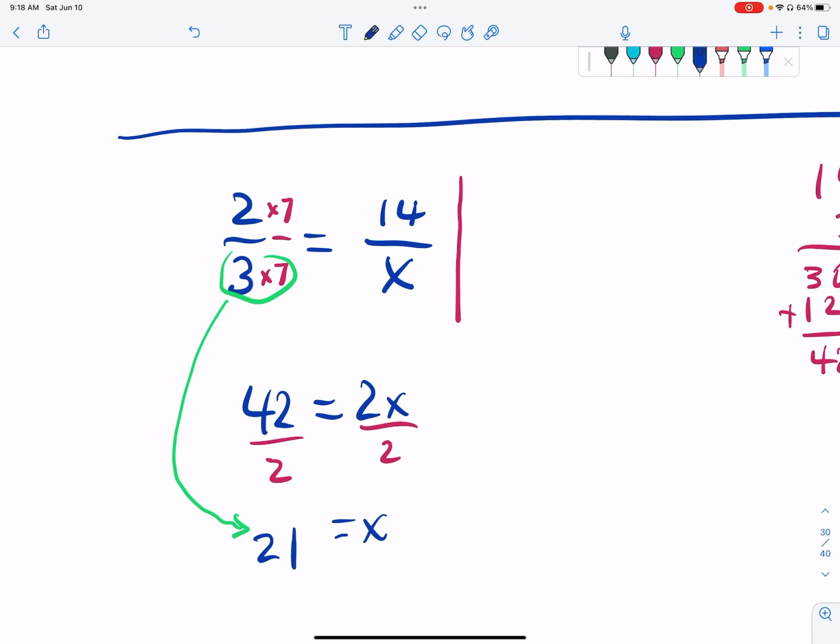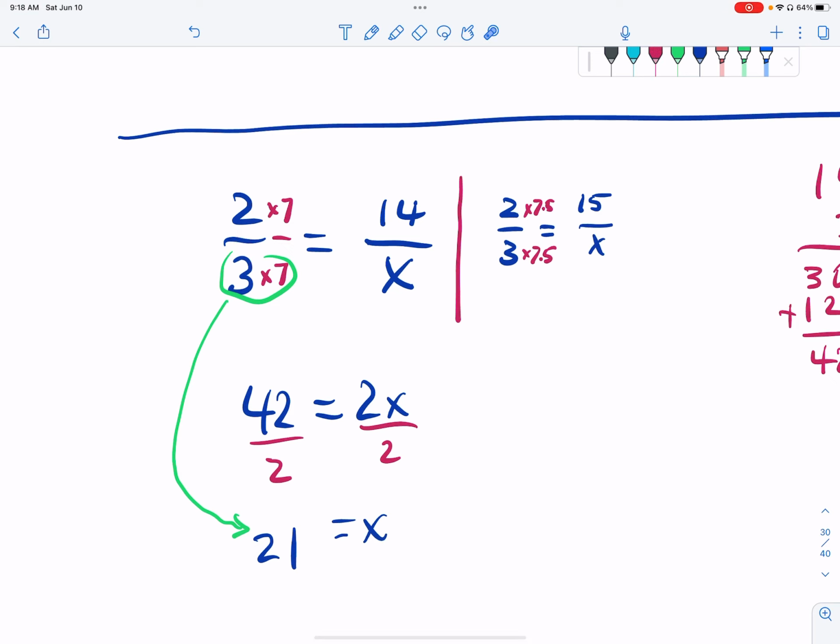So if I change this just briefly here, still 2/3, but make this 15 over x, then you go, okay, what do you have to multiply 2 by to get 15? Well, it's not a whole number. You can still do it. You'd have to multiply that by 7.5, which means that you'd have to multiply the bottom by 7.5, which isn't as easy to do without a calculator as this method over here.